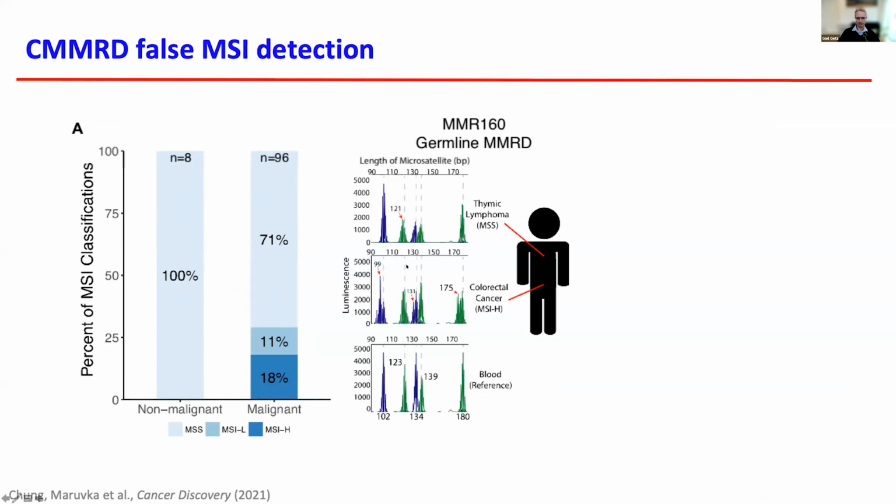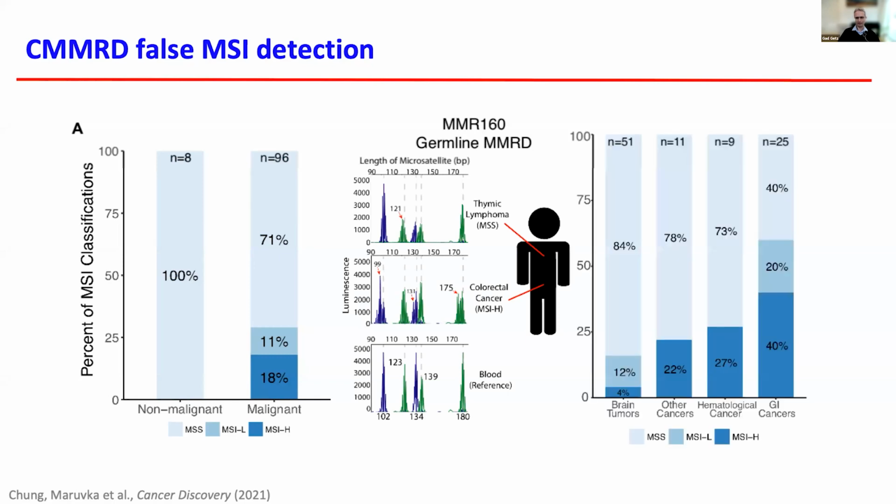And what's going on here is that you essentially don't see mutations in the canonical five sites of this Bethesda protocol. And in fact, it actually is different. What we saw here is that even in a single patient, in two different sites, it could identify two different kinds of mutations, but not enough to call it MSI high. And here you see that in different parts of the tumors, in different parts of the body, there is a different frequency of being called MSI high.